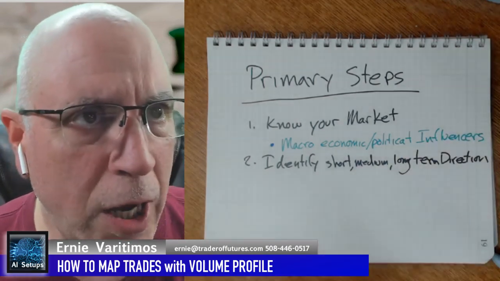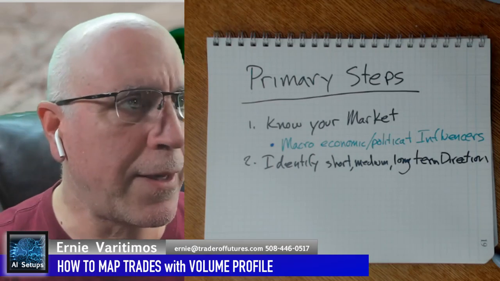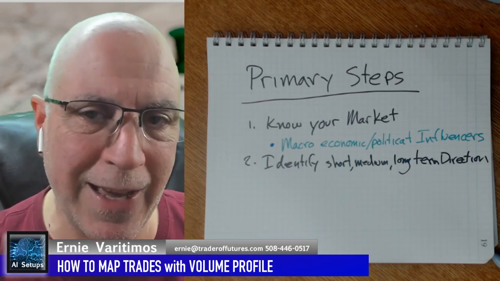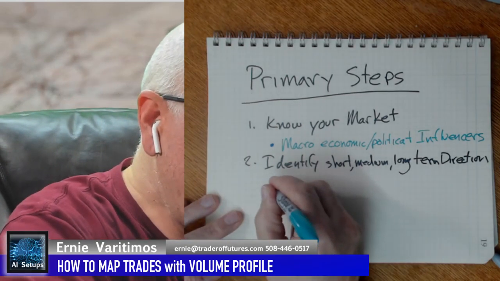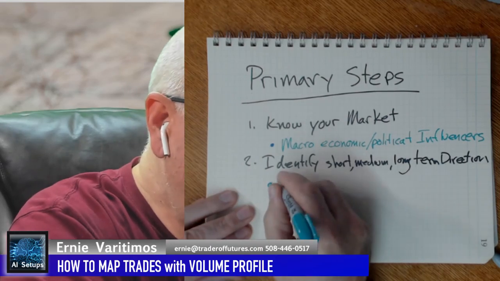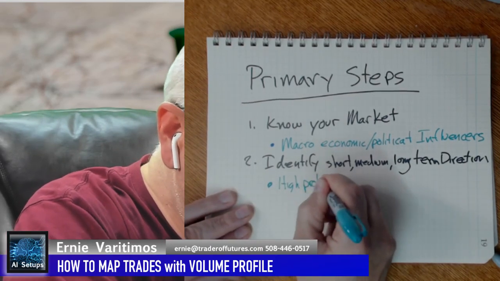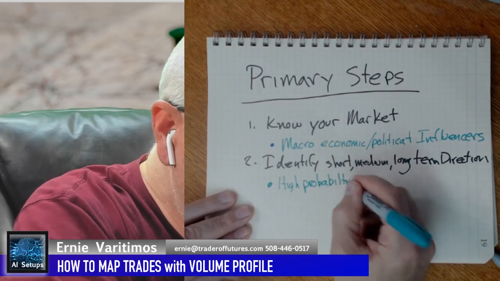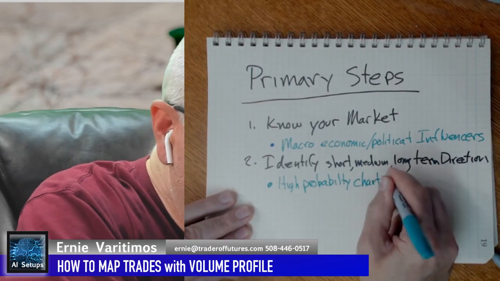And so when we talk about identifying the short, medium, and long-term direction, the other thing that you need to bring into this discussion, besides that macroeconomic and political stuff, is the high probability chart and candle patterns.